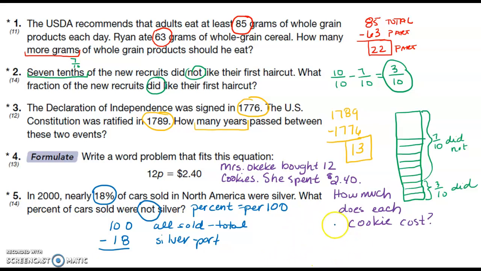So 82, where's my thing? You guys can probably see it. I cannot see it. 82% were not silver.